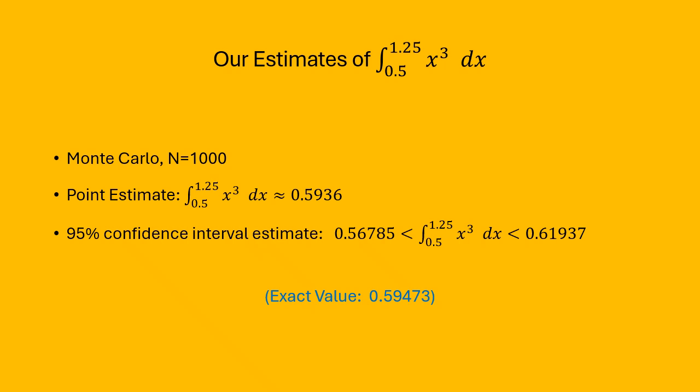That happens once in a while, I guess only about 5% of the time in this case. So we never know whether our integral is within that interval estimate, but we're fairly confident that it should be, because about 95% of the time that you run this sort of calculation, it will be.